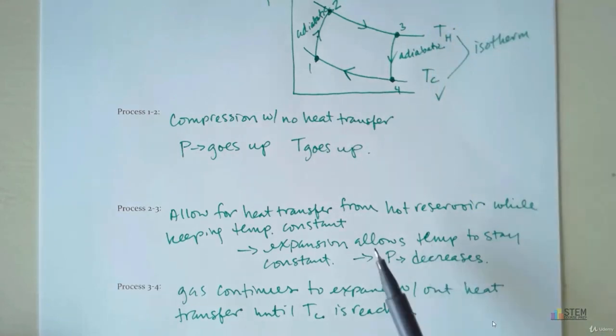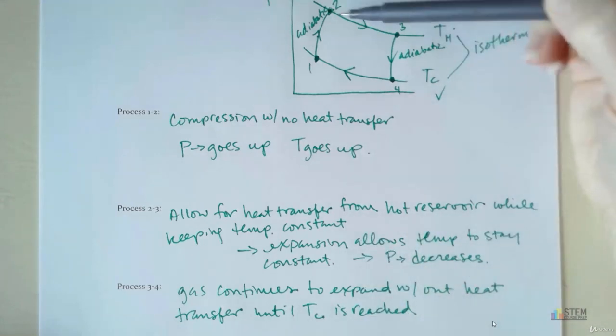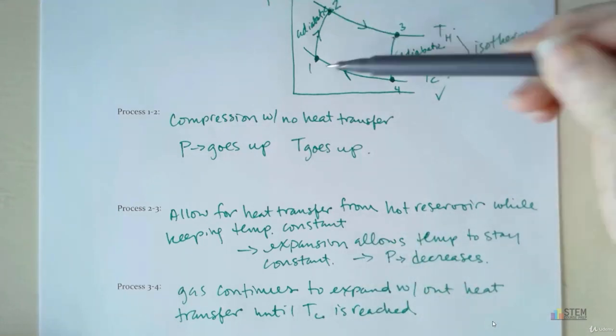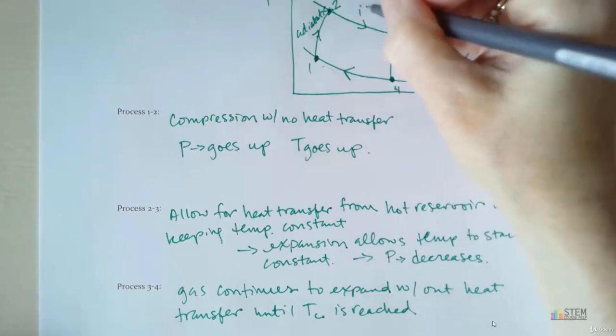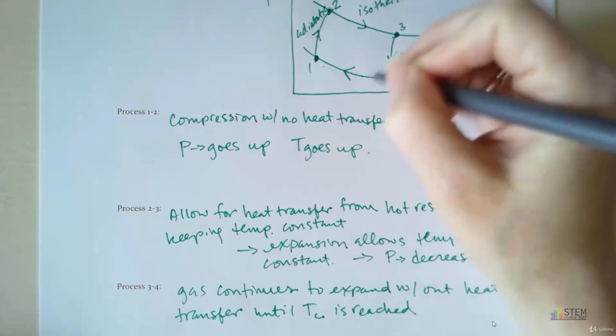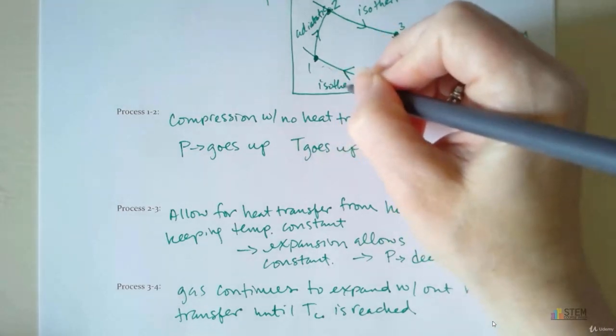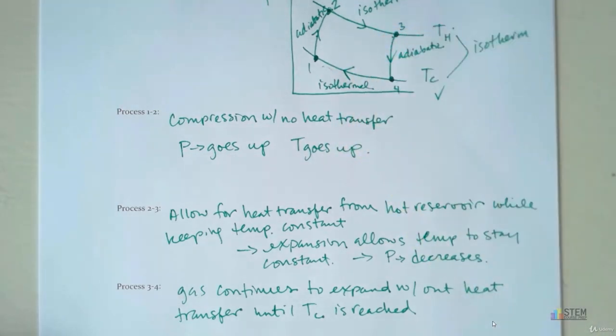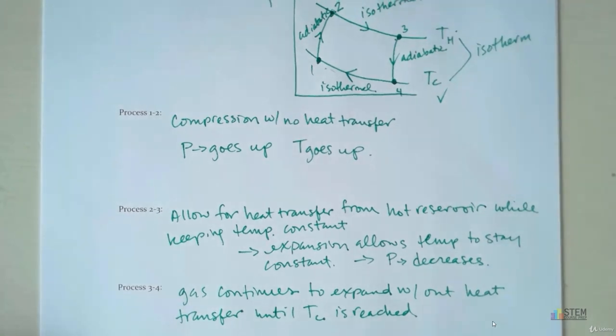And then the other 2 are constant temperature, and you can see that because they go on the isotherms. So let's just put isothermal and then isothermal. Now that's kind of what that cycle looks like. All right.